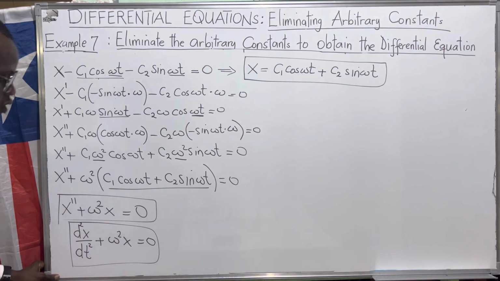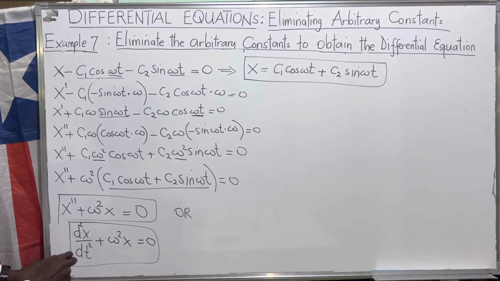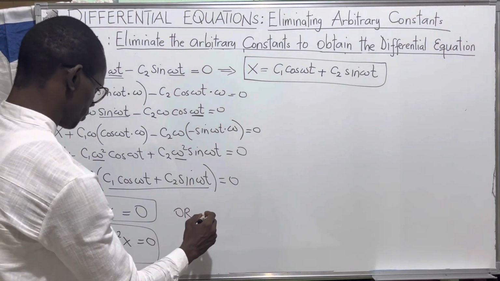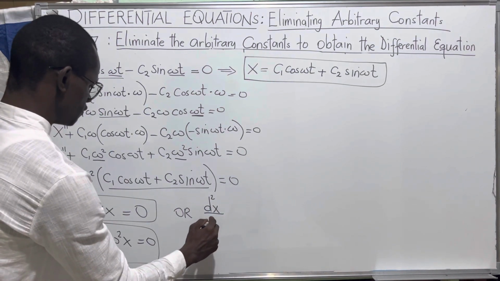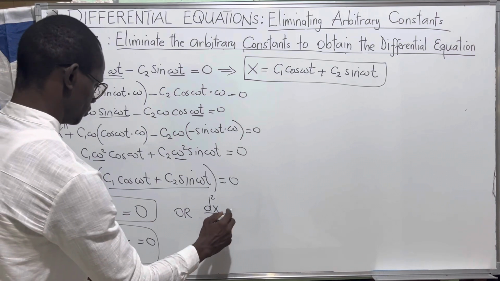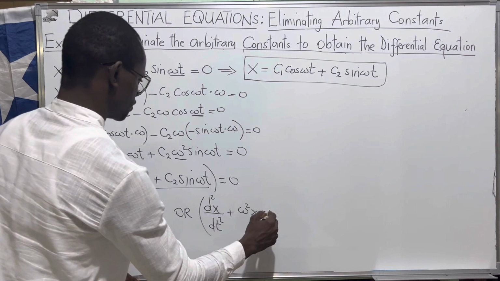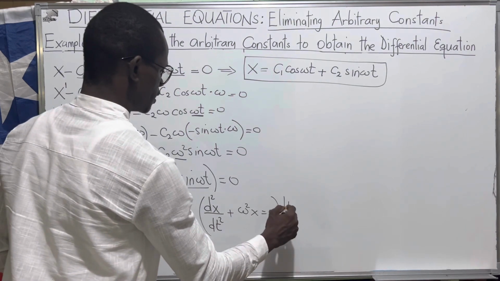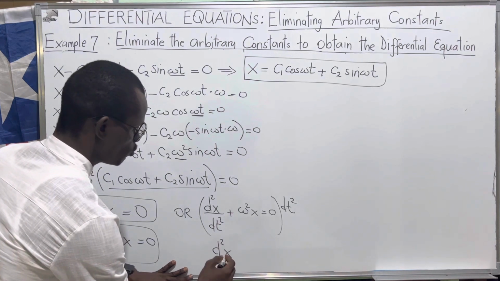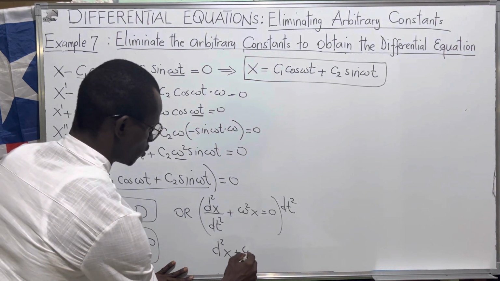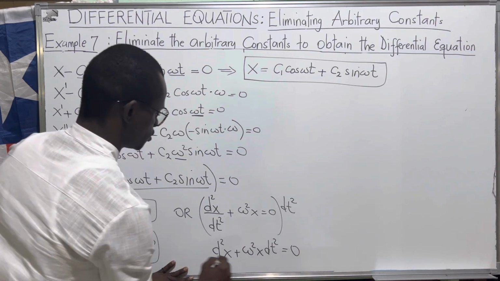It can be written in this form, or if we decide to multiply this entire expression by dt square, that is d2x divided by dt square plus omega square x equals 0, multiplying this whole thing by dt square, we will have d2x plus omega square x dt square equals 0.